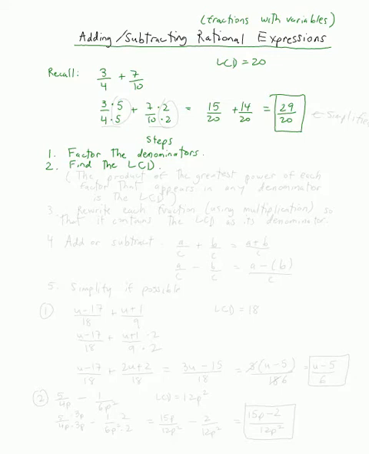Now at this point I need to backtrack a bit. How do we actually find the LCD? So here's one way to do it. So I'm going to put this in parentheses.